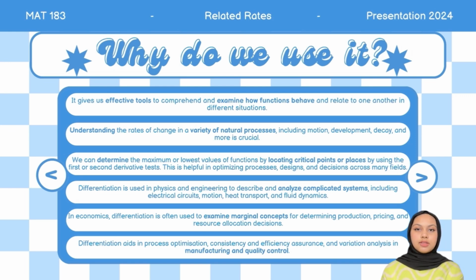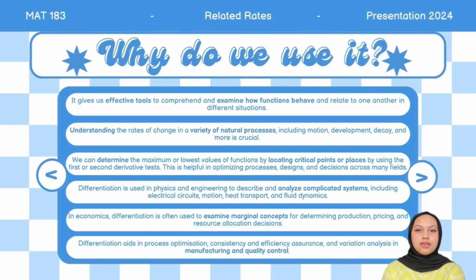In economics, differentiation is often used to examine marginal concepts, such as marginal income and marginal cost, which are essential for determining production, pricing, and resource allocation decisions. It assists in figuring out the best plans of action for increasing revenue or cutting expenses.